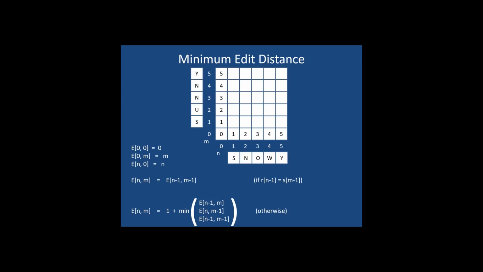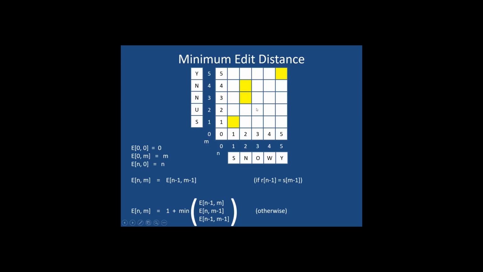Now at any given time, like take this square right here for example, which ones does it depend on, according to this formula right here? Let's say you're trying to decide what to put in this box here.